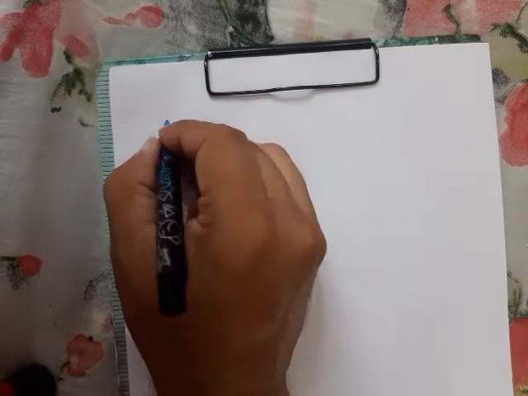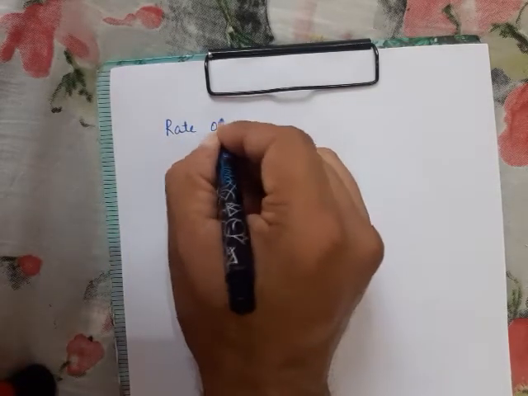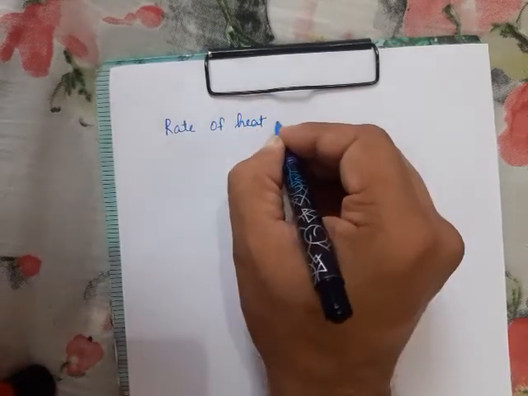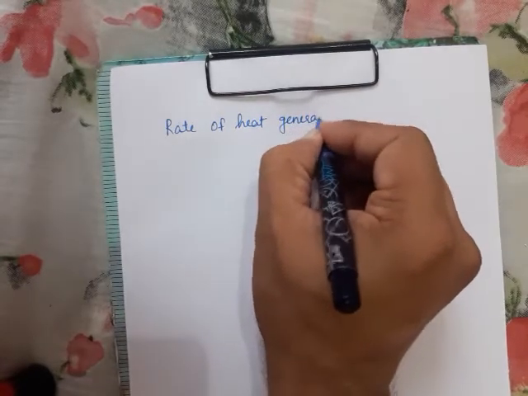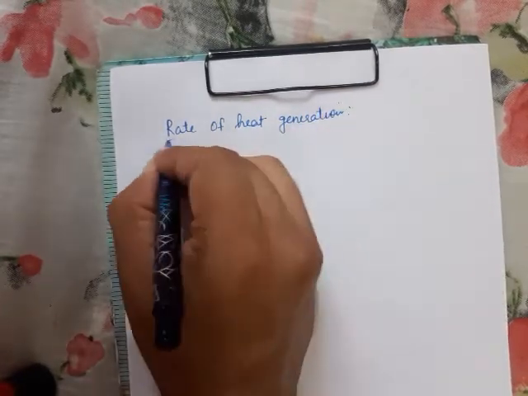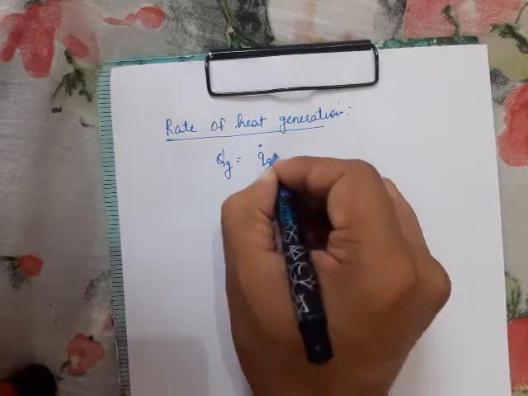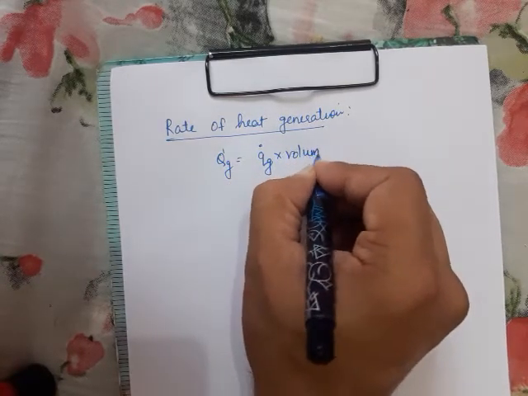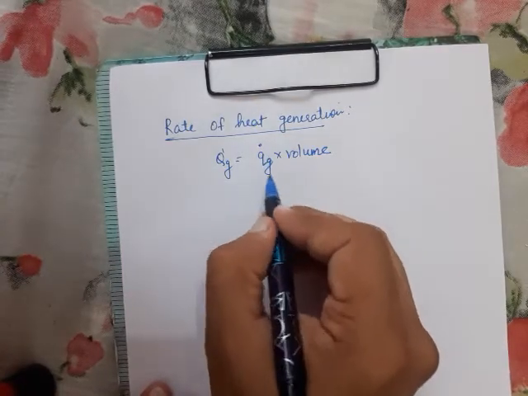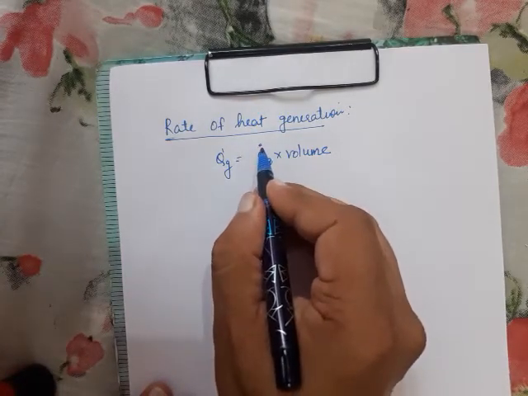Now we need to take into account the rate of heat generation. Q dot G can be written as q dot G multiplied by volume, where q dot G indicates rate of heat generation per unit volume.